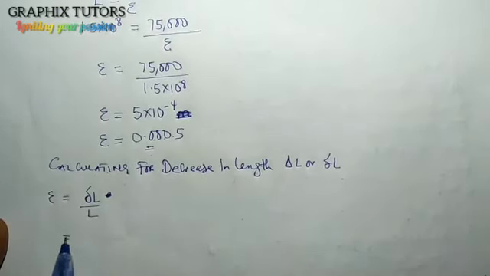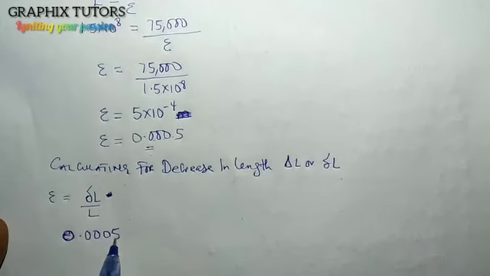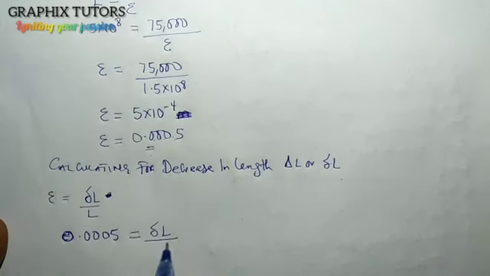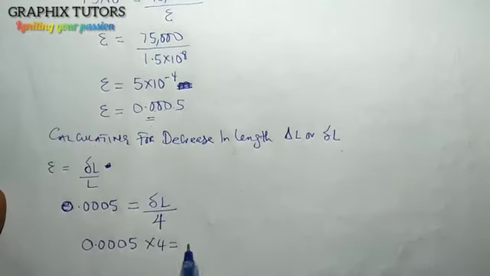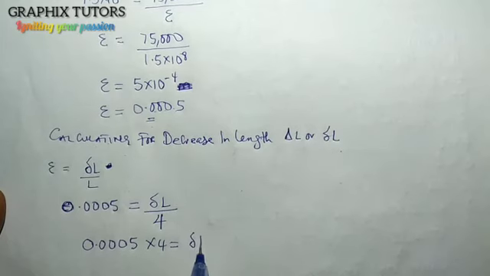The strain we calculated is 0.0005, which equals the decrease in length over the original length, which is 4. We are working in meters, so I can multiply 0.0005 times 4, which equals delta L, the decrease in length.